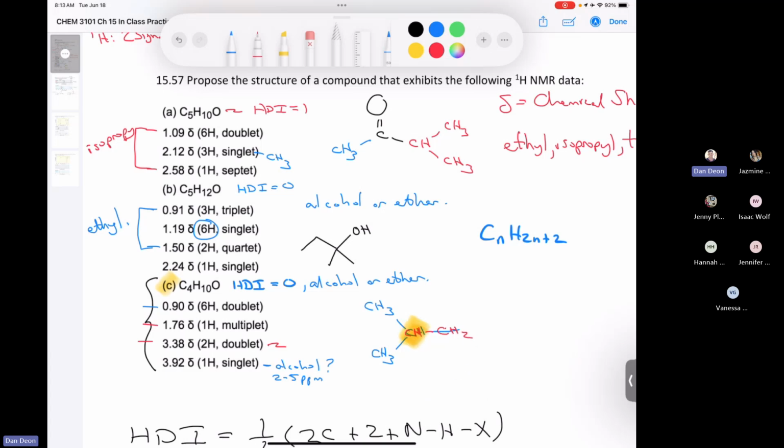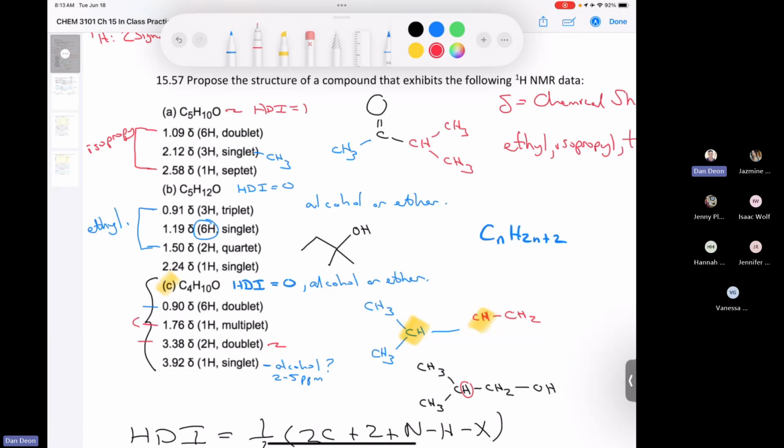Now, it's kind of silly the way I'm doing it, but I'll just redraw it. So if we have something that looks like this, and I'll draw it in black here, if we have CH3, our methine, CH3, and then a CH2, and if we had an alcohol like this, then this explains why this proton integrates for 1, but it gives you a multiplet because it's split by how many?